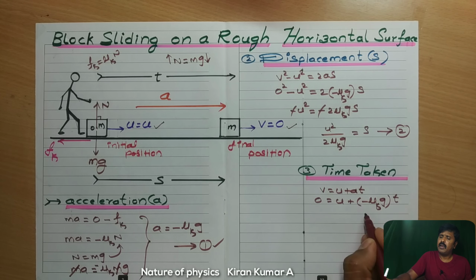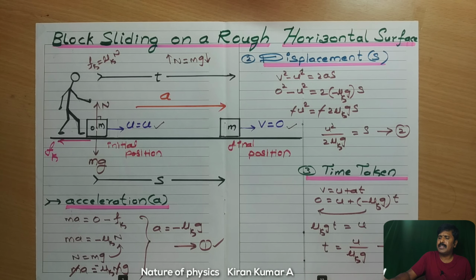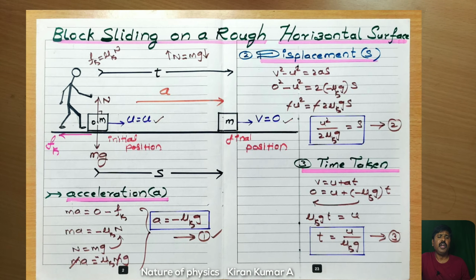Now rearranging this equation, mu k g into t is equal to u, the minus becomes plus, so the time taken t is equal to u divided by mu k into g. This is equation number 3. This is the clear information about the block sliding on a rough horizontal surface.